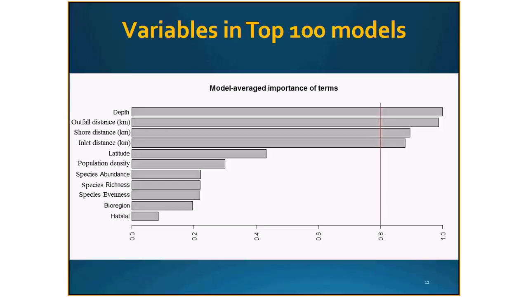And outfall distance showed up as being important in 97 of the 100 models. Of course, 80% is sort of an arbitrary cutoff, but this suggests that depth, outfall distance, distance to shore, and distance from an inlet are all important in the top 100 models.